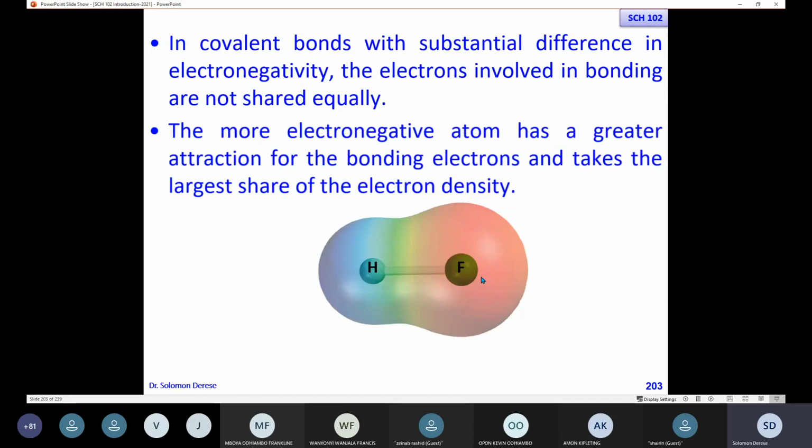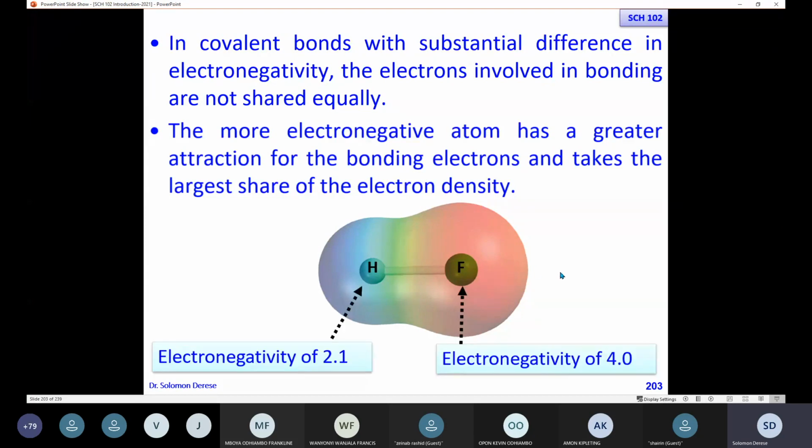So fluorine, as a result, has a higher tendency to pull the electrons of the bond towards itself more than the hydrogen. As a result, the fluorine will have an excess of electrons, and the hydrogen will have a deficiency of electrons. As a result, such a type of bond is polarized.